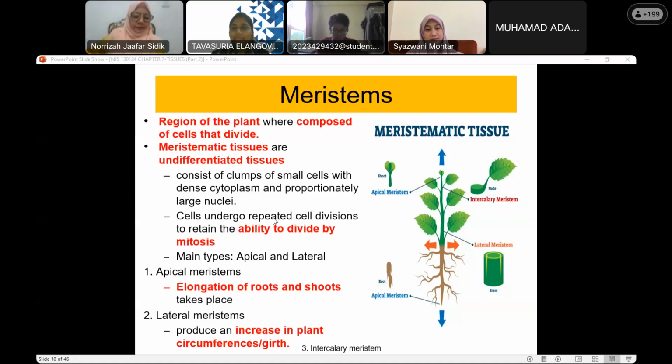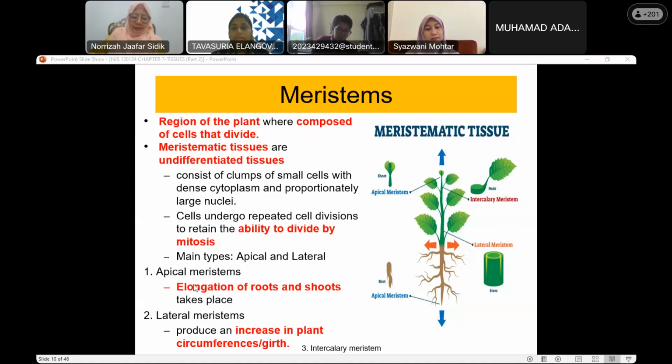And the meristem tissues are undifferentiated tissues, but they have the potential to differentiate into specialized tissues. Meristematic tissues consist of clumps of small cells with dense cytoplasm and large nuclei, right?